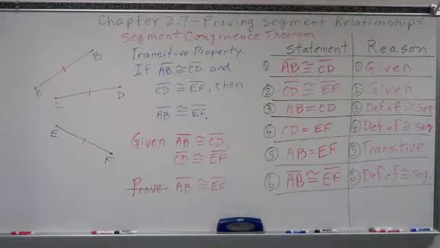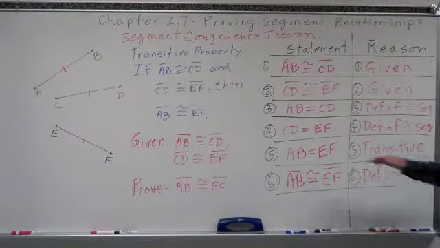Now from this point on, we can use this theorem without having to prove it. We can say that the transitive property of congruent segments works whenever we have that situation. We would not have to prove this.